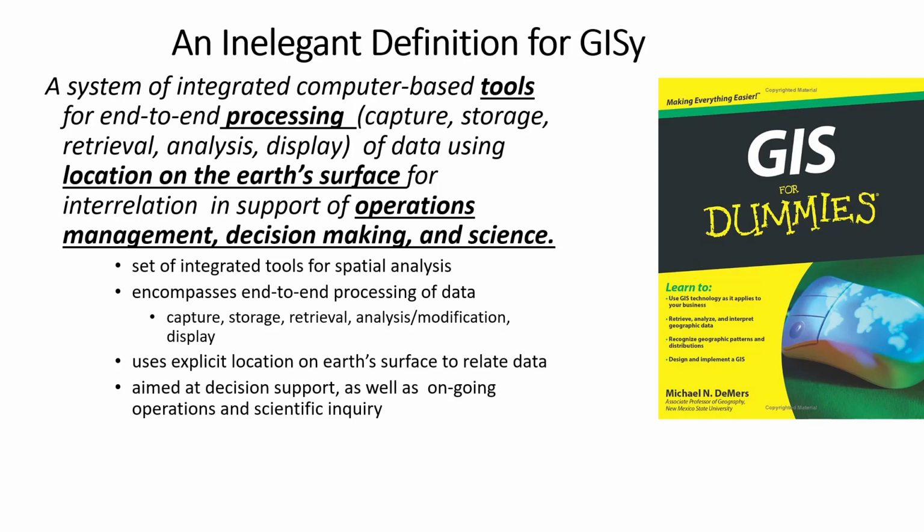One of the famous American geographers, Michael Demers, published this yellow and black covered book, GIS for Dummies.